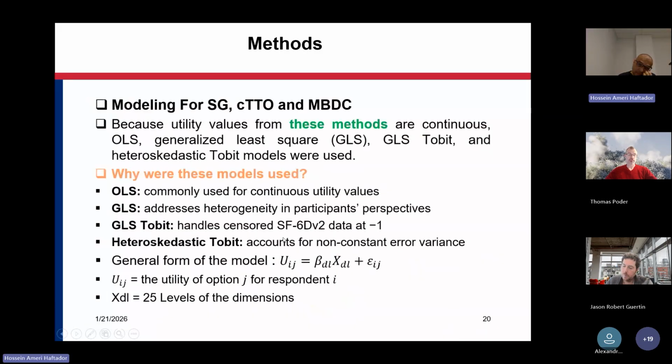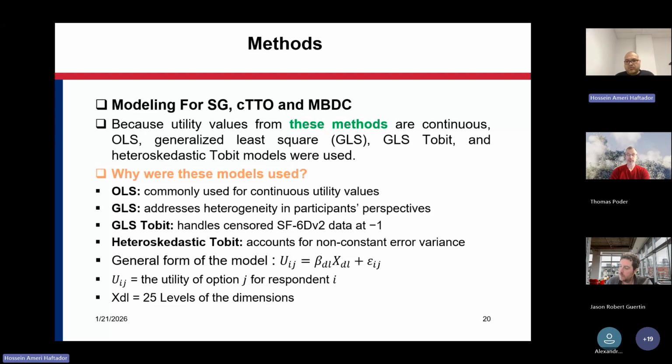For data analysis, we use different models. For standard gamble, time trade-off, and multiple bounded dichotomous, we use OLS, GLS, Tobit, and heteroscedastic Tobit models because data from these methods are continuous. OLS is common, GLS addresses heterogeneity, Tobit handles censored data at -1 or +1.